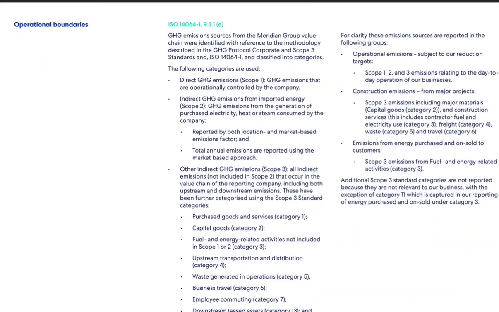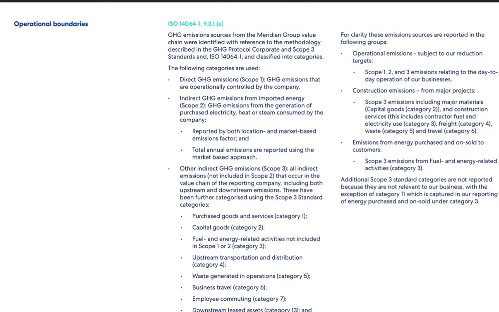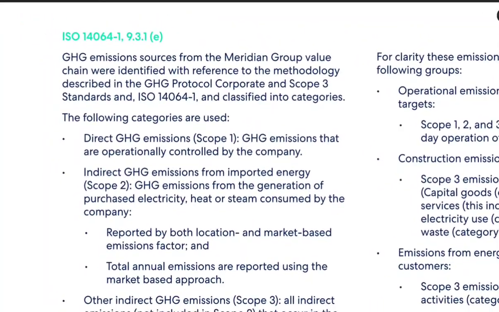Moving forward, what are the operational boundaries? In operational boundaries, you see as per ISO 14064 9.3.1 E, emission sources from the group's value chain were identified with reference to the methodology described in the GHG Protocol Corporate and Scope 3 Value Chain Standard, and also as per ISO 14064-1.